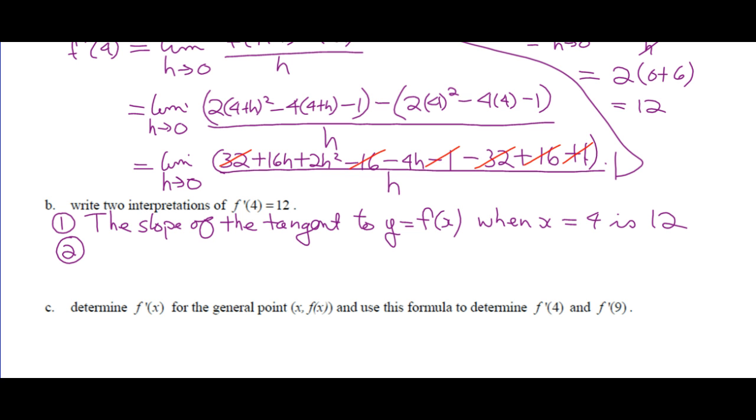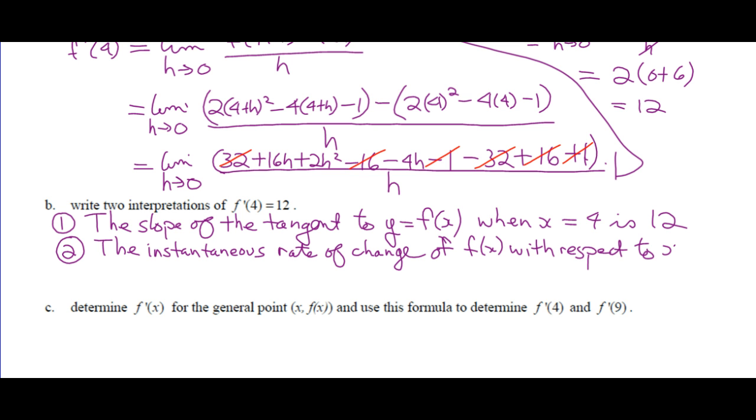So we could say the instantaneous, which cannot be written instantaneously, rate of change of f of x with respect to x is at x equals 4 is 12. We'll give equal time to at.